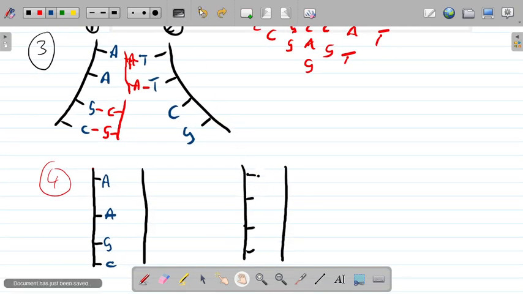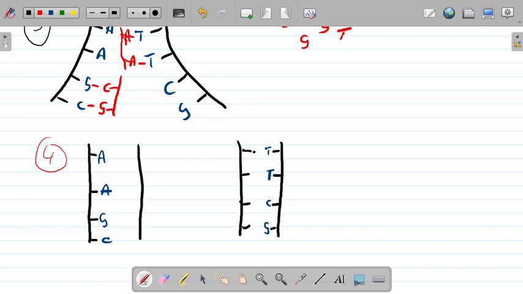It's actually on the other side. So we had thymine, and then cytosine and guanine. Great. Now what happens?